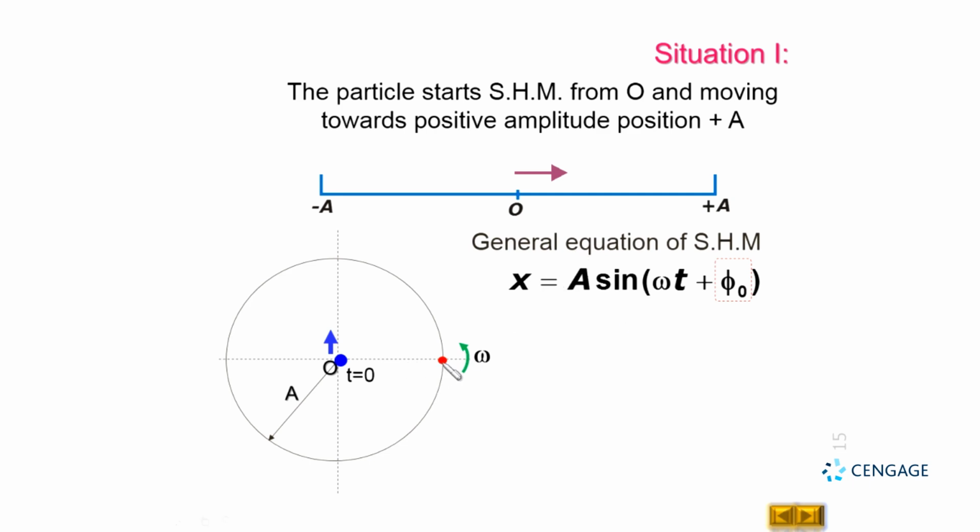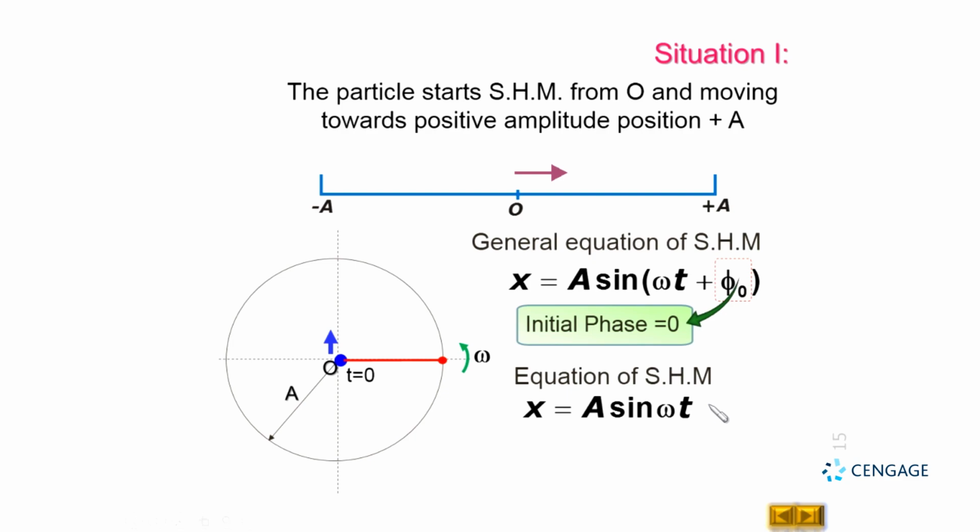So, we join the corresponding position of the oscillating particle on the circle with the center like this. You can observe this red line is making an angle of 0 degree with respect to the positive x direction. So, the initial phase of this oscillation is 0. It means we put 0 in place of phi naught, and the equation of SHM in this condition is x equal to A sin omega t.